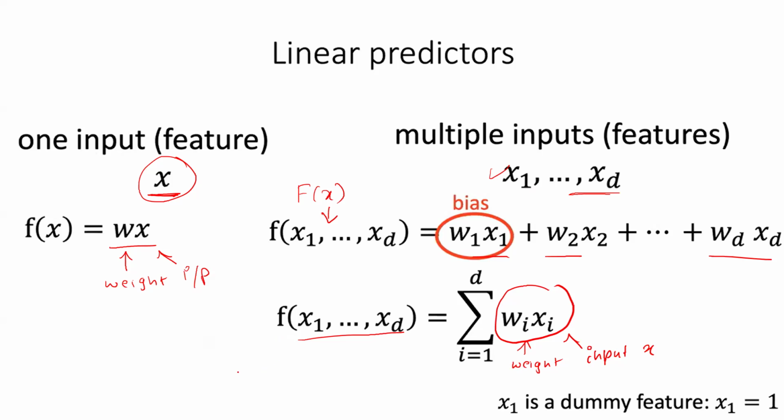Usually the input x1 is given as equal to 1. Some dummy feature is introduced, x1 equal to 1. So w1 x1, where x1 is equal to 1, gives you the bias.